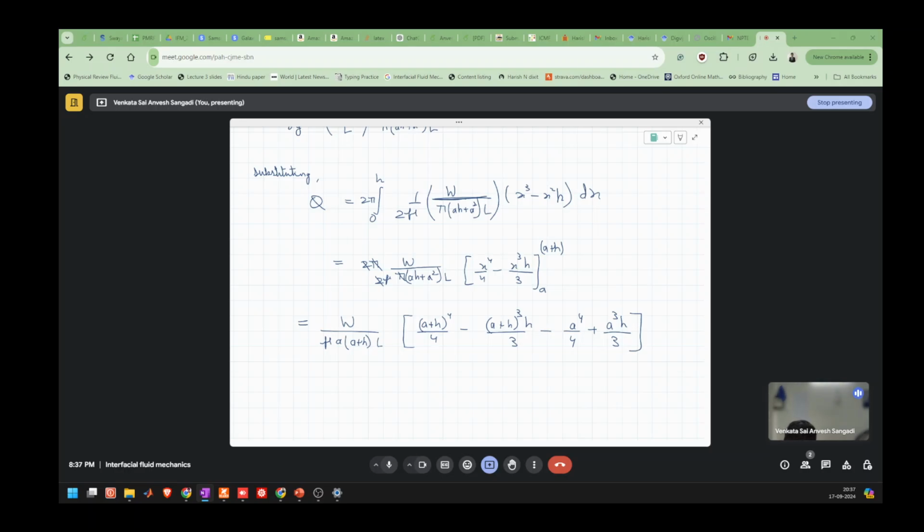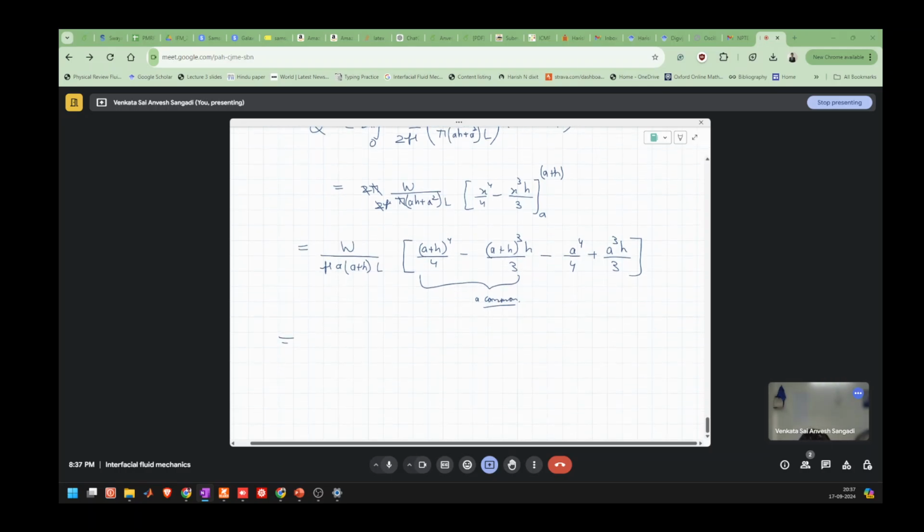If we now take common a from the first two terms, which is equal to W by mu A by A plus H into L, which is a to the power 4 into 1 plus h by a to the power 4 by 4 minus a cube into 1 plus h by a cube by h into 3, minus a to the power 4 by 4 plus a cube h by 3.